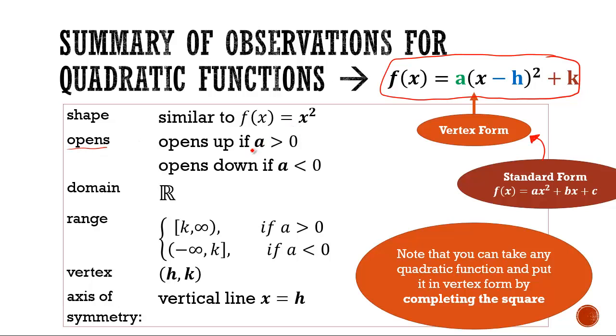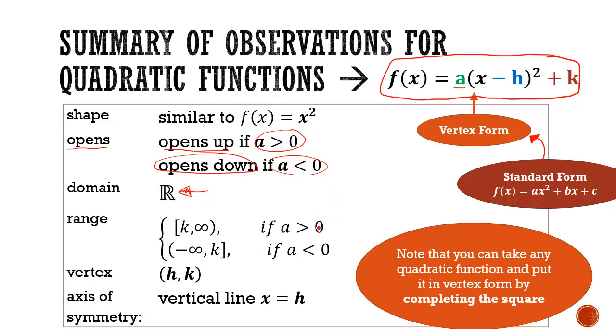If your A is positive, it opens up. If it's negative, it opens down. The domain's always all real numbers. And the range, you can see it as depending on whether it's positive or negative.